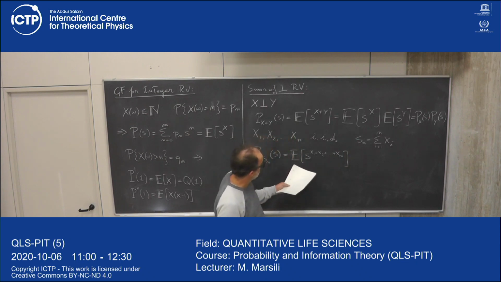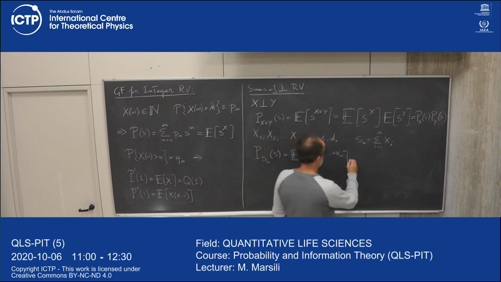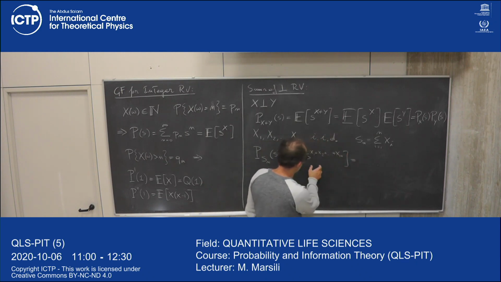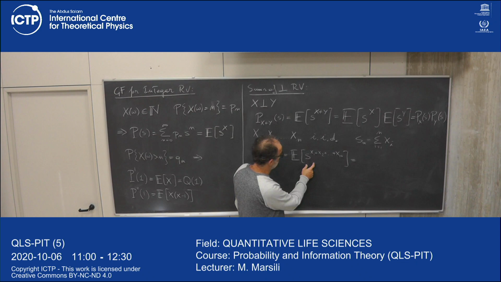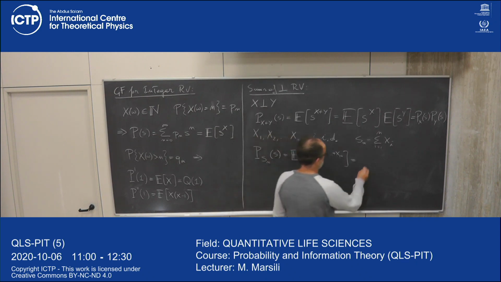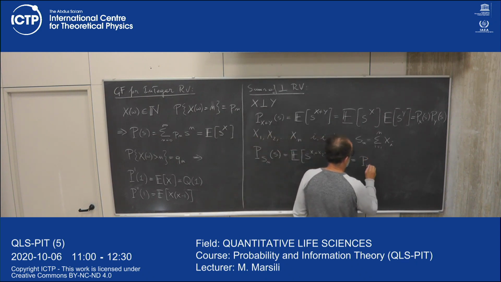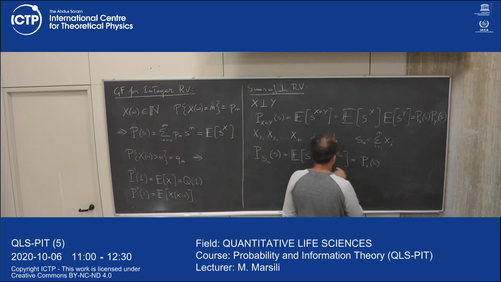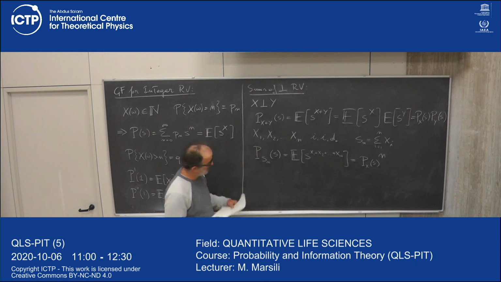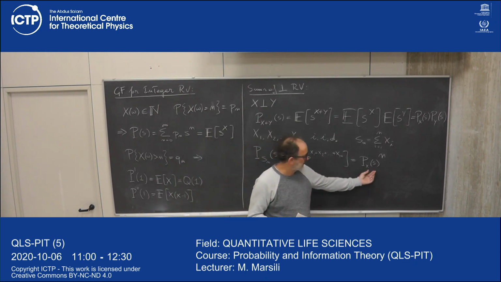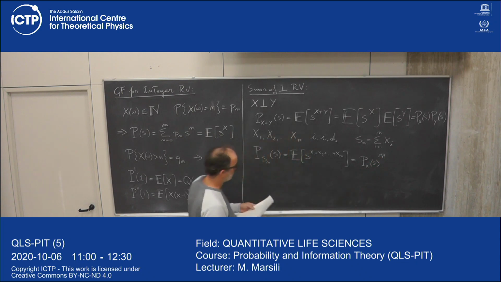And as before, you can factorize this n times. Each of these factors will be equal to the generating function of x computed in s, and you will have n of these factors. So the generating function of the sum of n IID random variables is equal to the generating function of these random variables raised to the power n.